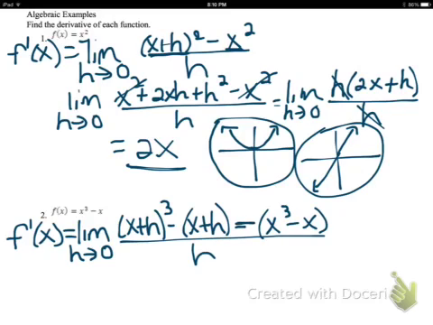Make sure you distribute this negative. I would have to multiply it out. You could use Pascal's triangle to do that quickly. And your answer should be 3x squared minus 1. So if you do that all out, you should get 3x squared minus 1.